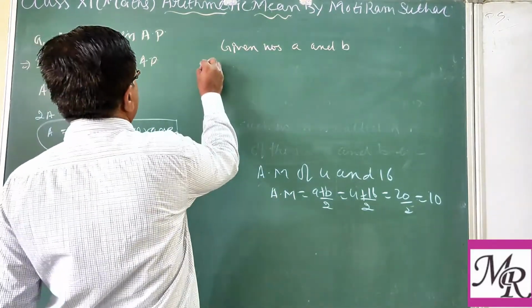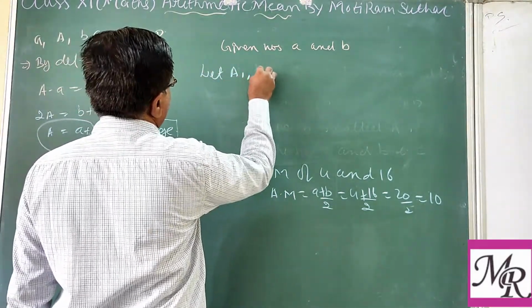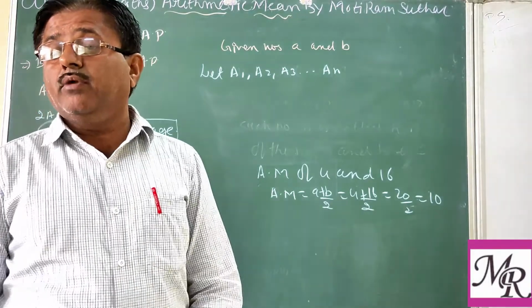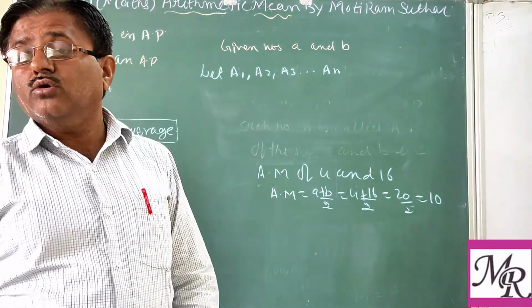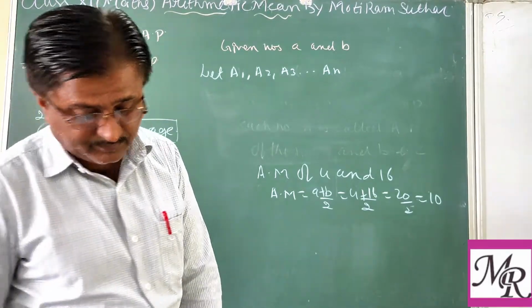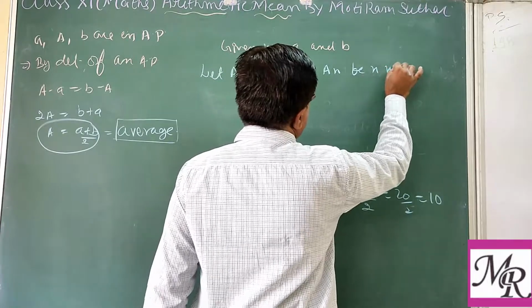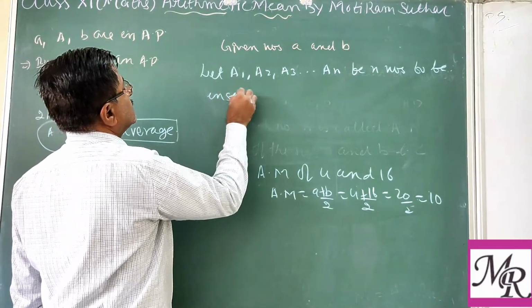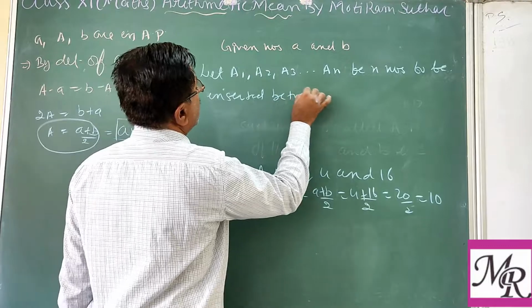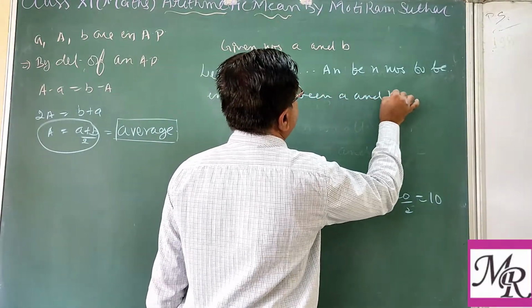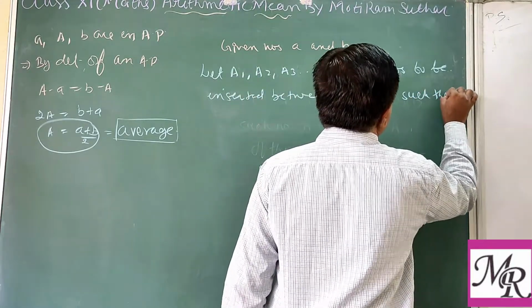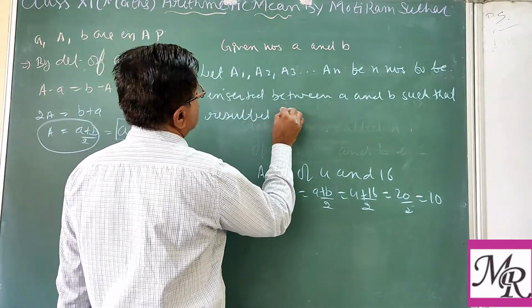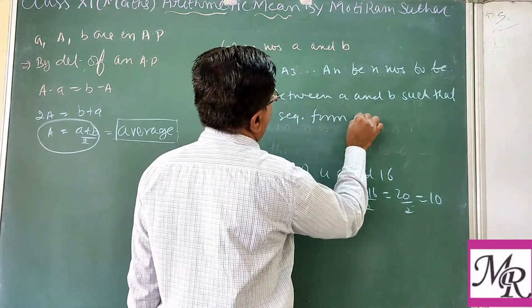Let A1, A2, A3 up to An be these n numbers to be inserted between a and b such that the resultant sequence forms an AP.